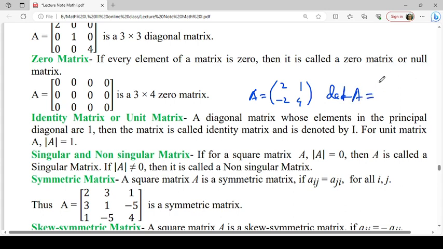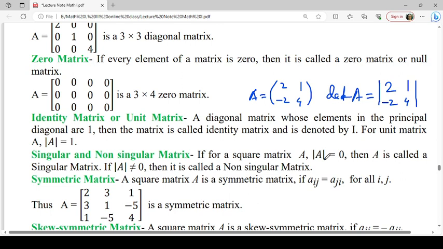To write determinant A, we write this as 2 1 minus 2 4, and we can evaluate it. When we say it is a matrix, then we can't evaluate it to some value, but when we write determinant, we have 4 into 2, it is 8, 8 minus 2, it is equal to 10. So this is the case where determinant means this.